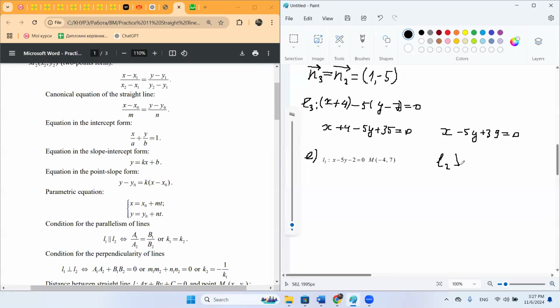If not, of course, it's not critical. So in this case, perpendicular, but we will also use the normal vector, but in another way.